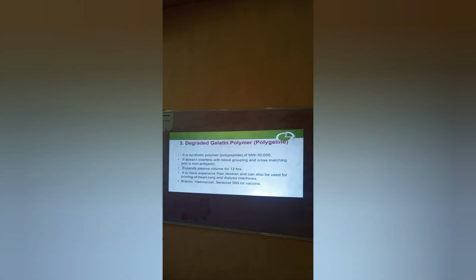Another plasma expander is degraded gelatin polymer. It is a synthetic polymer of molecular weight 30,000. It doesn't interfere with blood grouping and cross matching. It is non-antigenic and expands plasma volume for 12 hours. It is more expensive than dextran and can also be used for priming of heart-lung machines and dialysis machines.